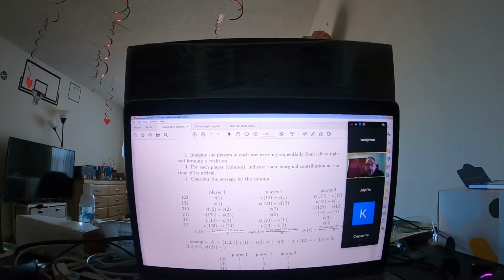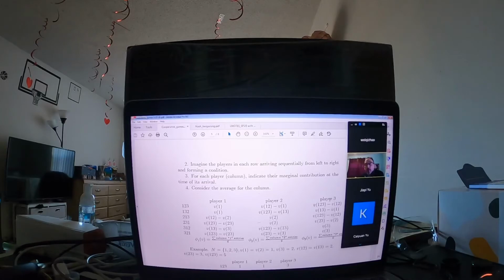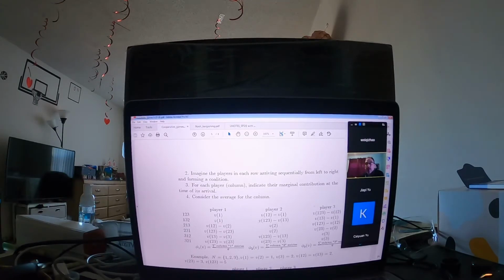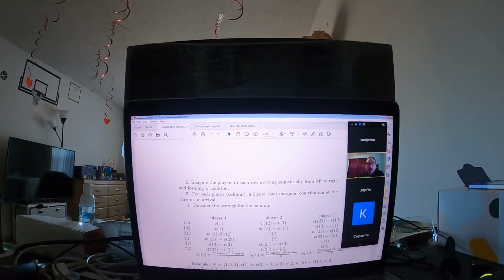We're adding up these 6 entries and taking the average. And for player 2, we're adding up these 6 entries and taking the average. And for player 3, the same. So we're adding down the columns and computing the average. And then the question of whether the Shapley value satisfies Pareto optimality is the question: if we add these 3 averages, do we get the event?